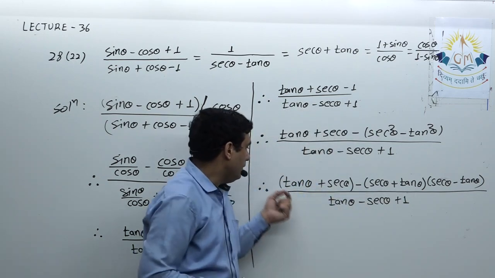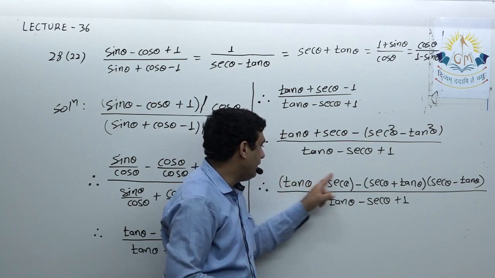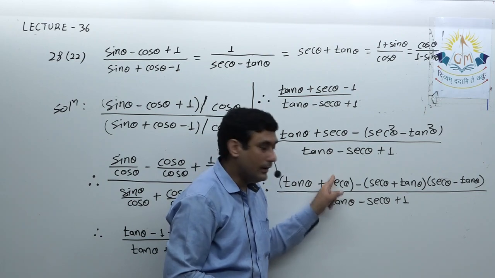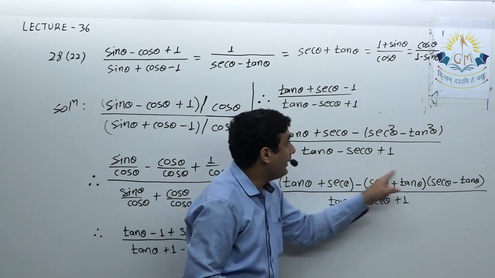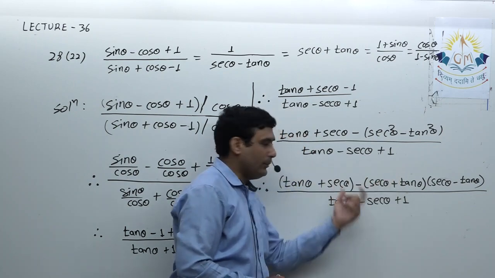Now if you observe, in the numerator, in the first term I have tan theta plus sec theta, similarly in the denominator I have sec theta plus tan theta. Sec plus tan or tan plus sec is the same thing.